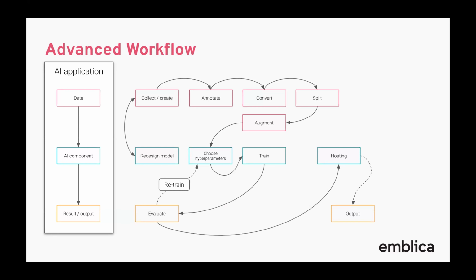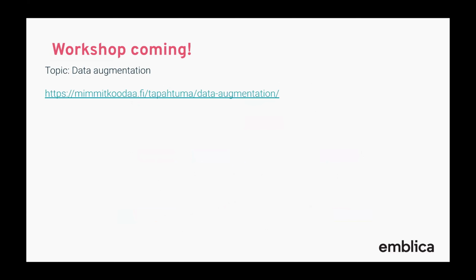It can be a very long process until you find the perfect combination. And we actually have a workshop coming on data augmentation at Mimmit Koodaa, where we will look at all kinds of augmentations in practice. That's going to be fun. Augmentations are very fun to play with, to figure out what's a good selection for some problem.